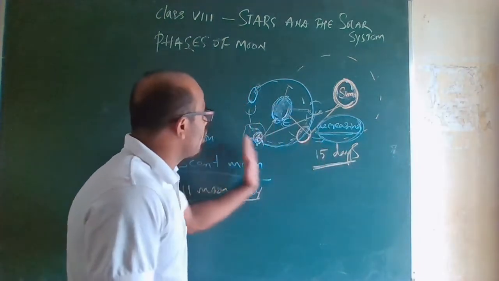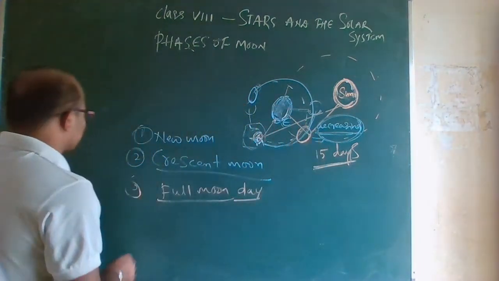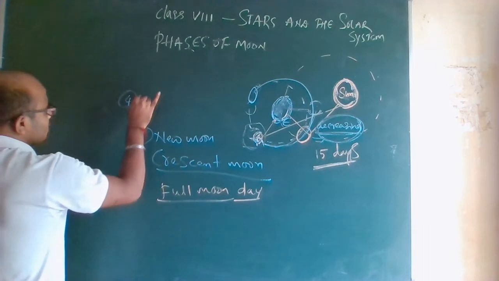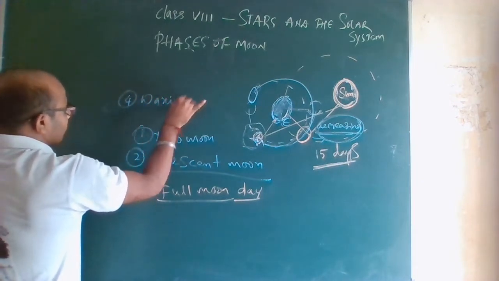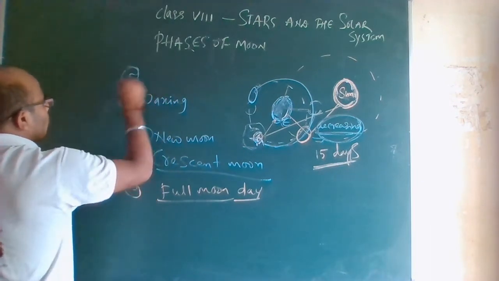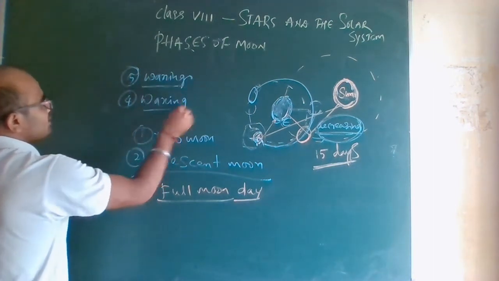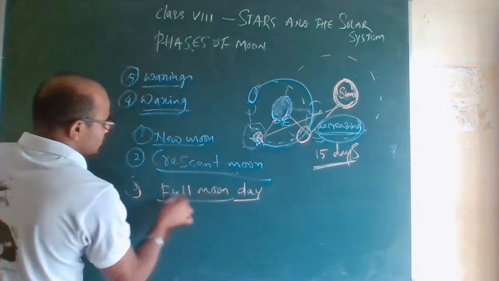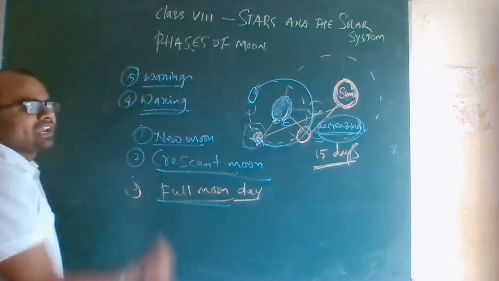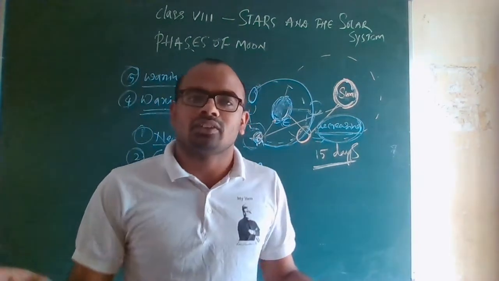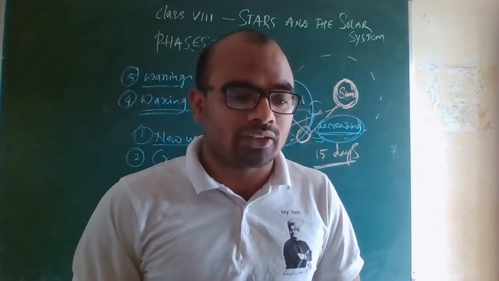If the light goes on increasing, we call it waxing. So the fourth one is waxing. The fifth one is waning. So there are 8 phases of moon, you can say: new moon, crescent moon, full moon, waxing, waning. After that I will make one clear chart about that.